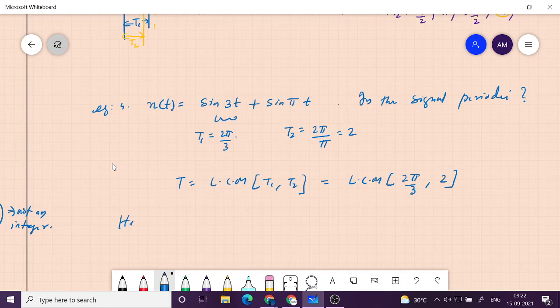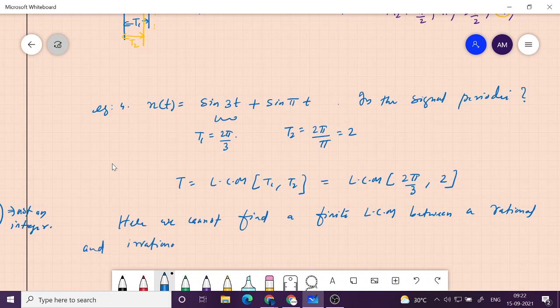Here we cannot find a finite LCM between a rational and an irrational number. It is just impossible.